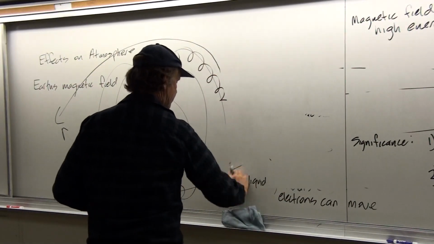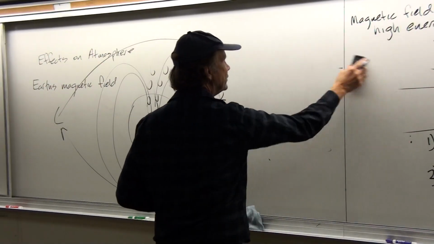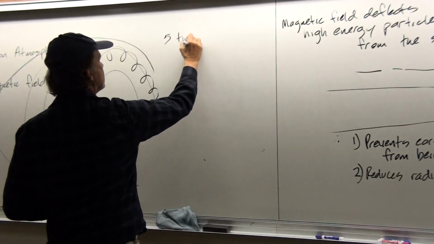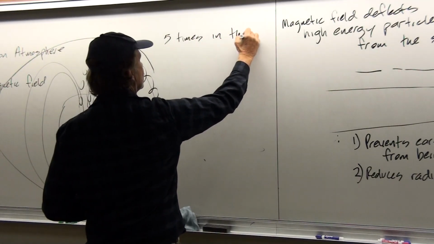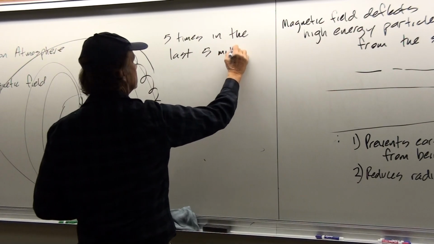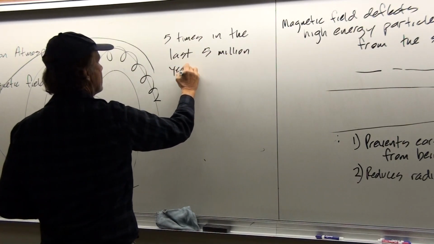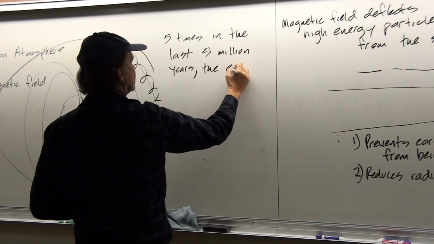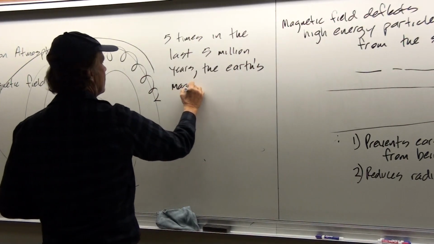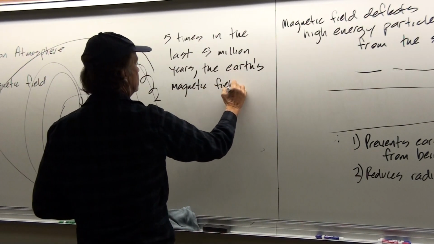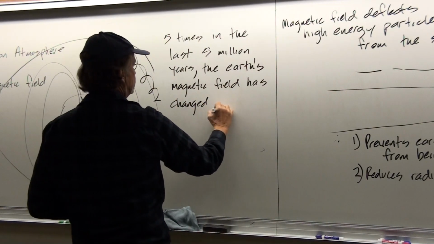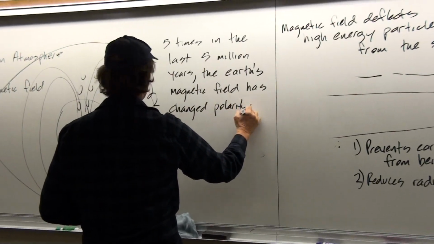This happens because of random motions in the core that 5 times in the last 5 million years the Earth's magnetic field has changed polarity.